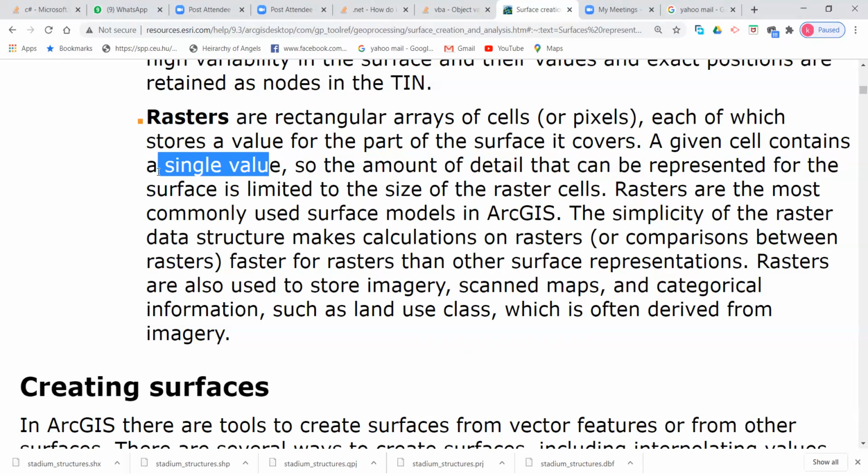So the size of the raster cells will also determine the amount of detail you can have. In other words, for a particular area, if the cells are getting smaller in size, that means you're having a lot of them. And if the cells are getting bigger, then you're getting a smaller amount of them.